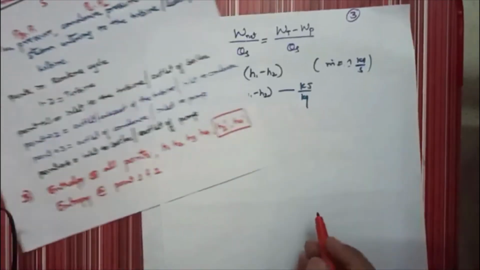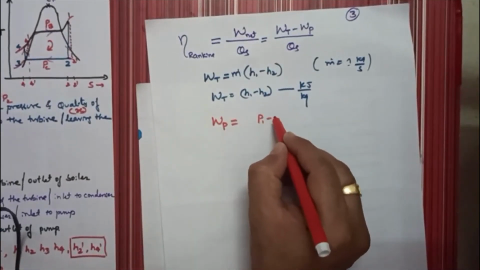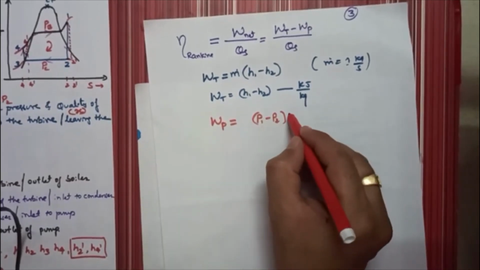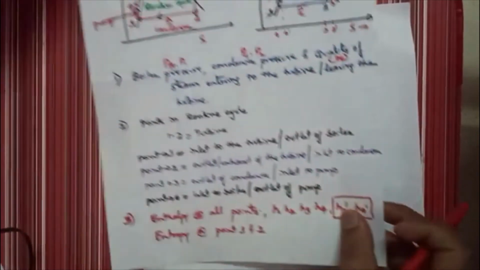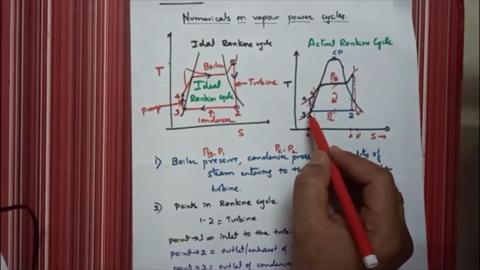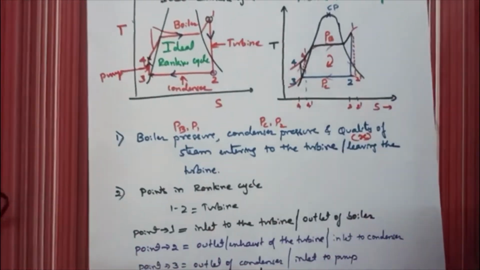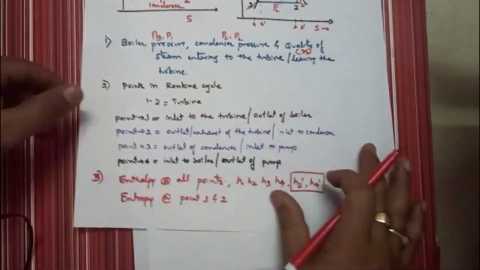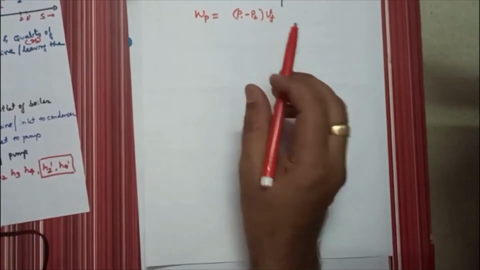So when you are calculating work done by the pump, you take highest pressure minus lowest pressure and multiply with specific volume of fluid at point number 3, because point number 3 is the starting point of the pump. Okay, so work done on the pump is P1 minus P2 into Vf.